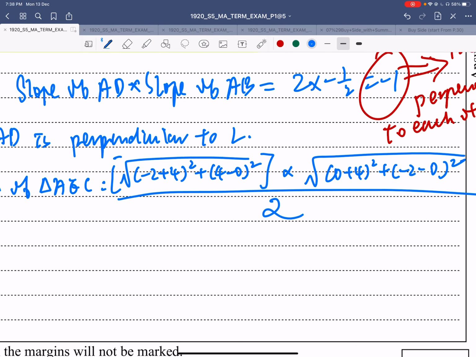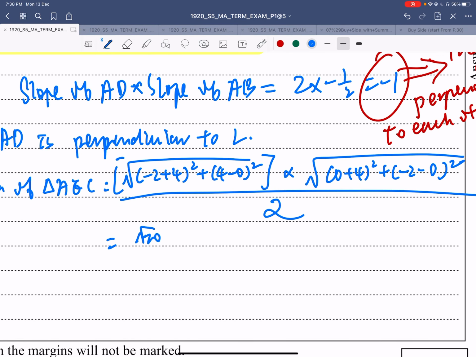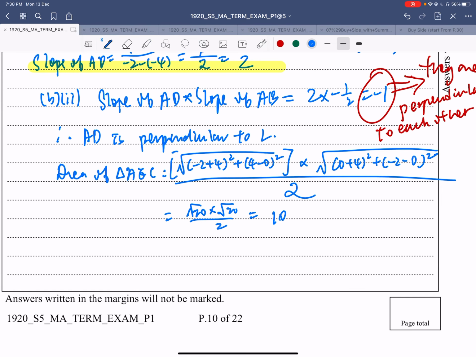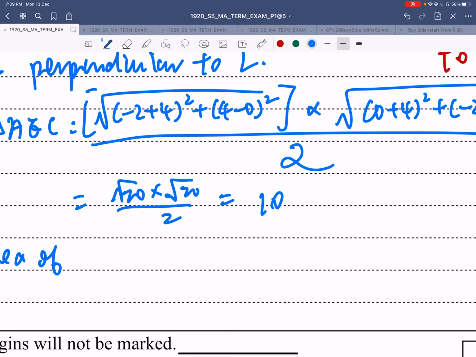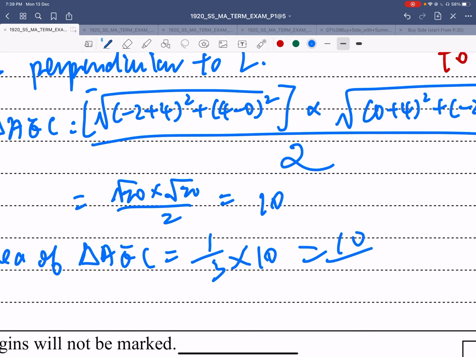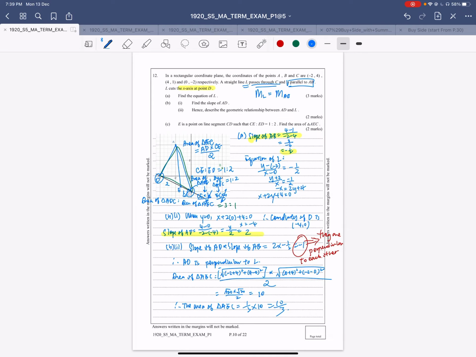So the answer will be root 20 times root 20 divided by 2, which equals 10, right? Therefore, the area of triangle AEC is just 1/3 of it, equals 1/3 times 10, which is 10/3. Okay, this is the final solution.